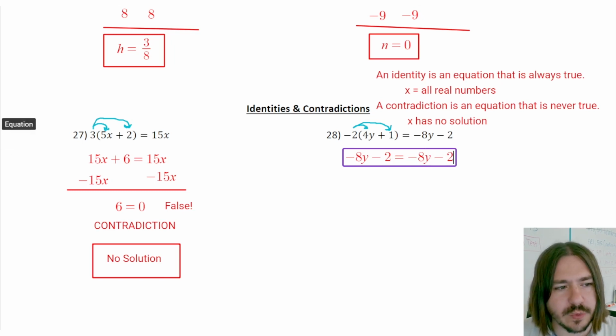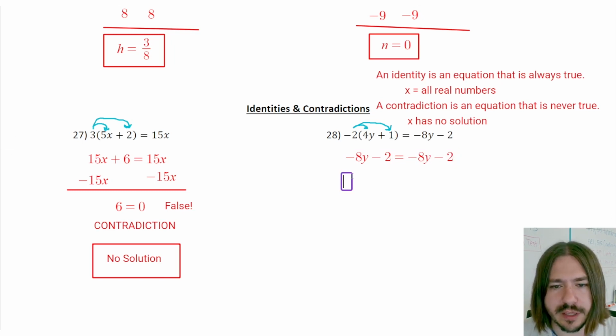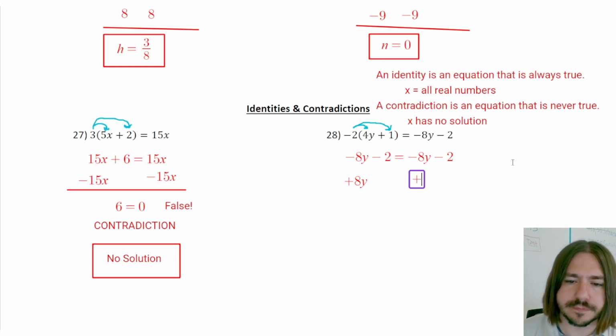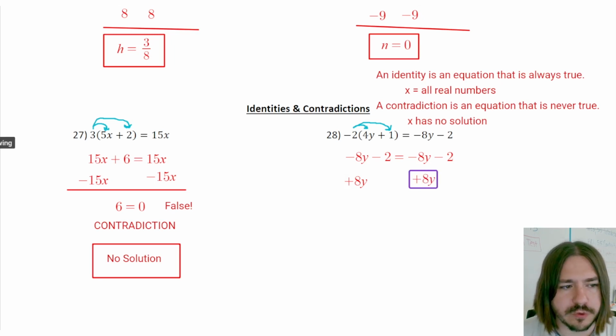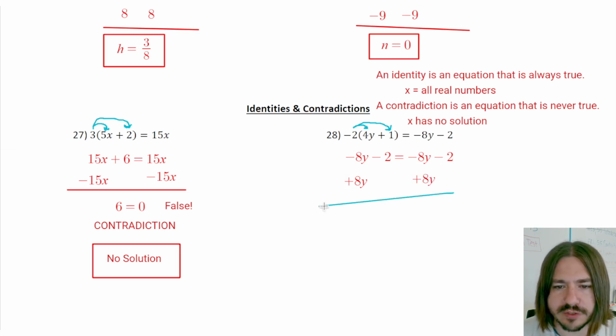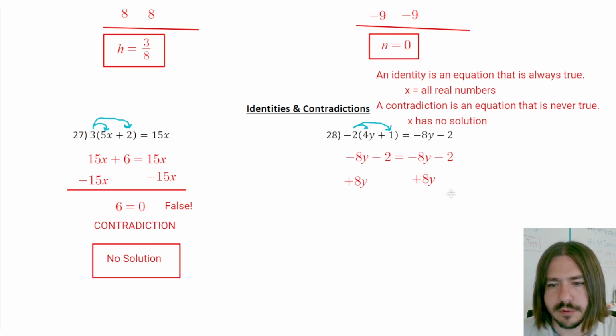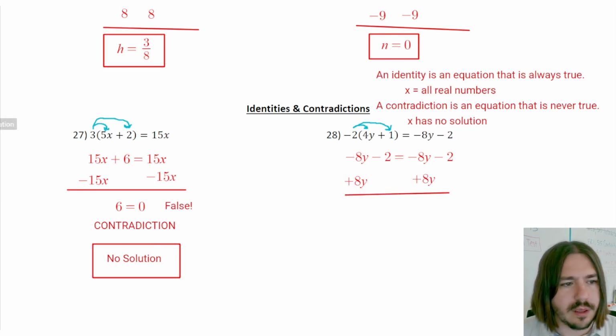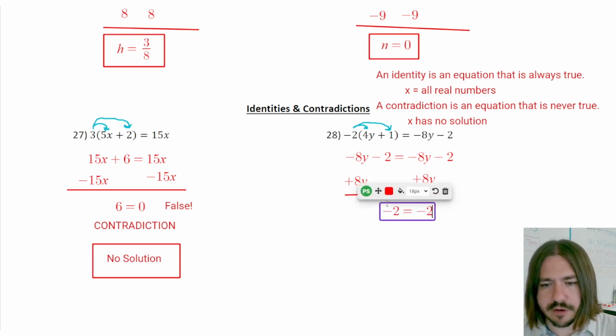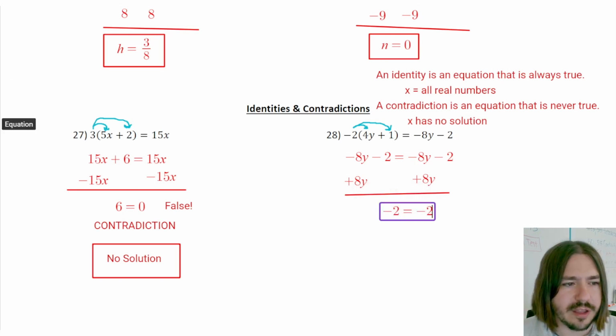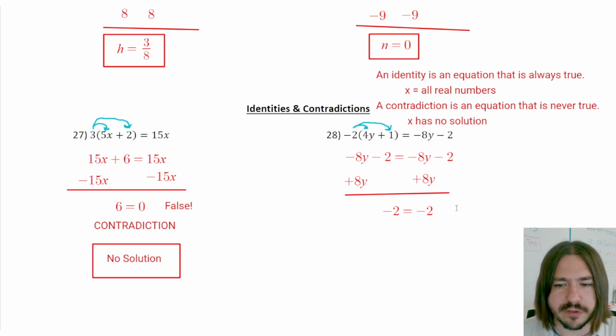And just like with the last one, once we try to combine our like terms, we're going to get a statement where we don't have any variables. So we're going to add 8y to both sides. All the variables will drop out because 8y minus 8y is just 0. And we're left with an equation that says negative 2 equals negative 2, which is always true, that any number will always equal itself.